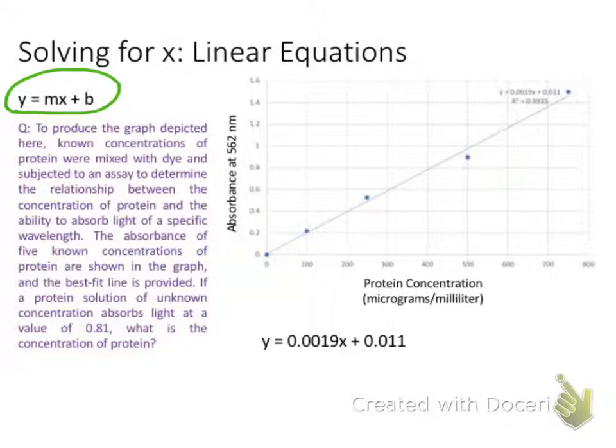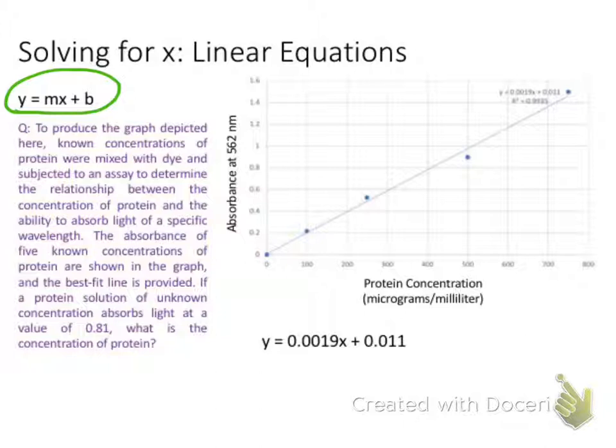So here's an example of some real data that I created in a lab. To produce the lab that's depicted there, I took known concentrations of a protein, so I diluted a protein 5 different times, and I mixed it with dye, and then I shined a light through it at a specific wavelength. When that happens, depending on the amount of protein in the sample, it will absorb different amounts of light.